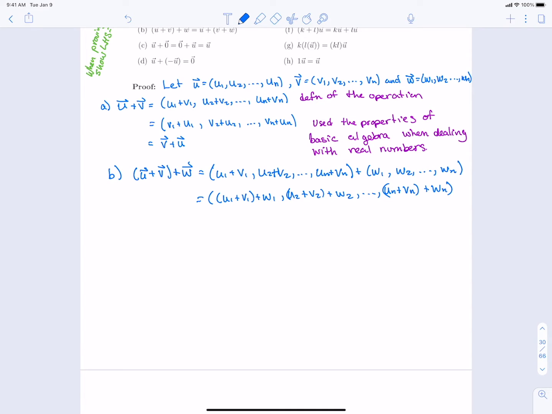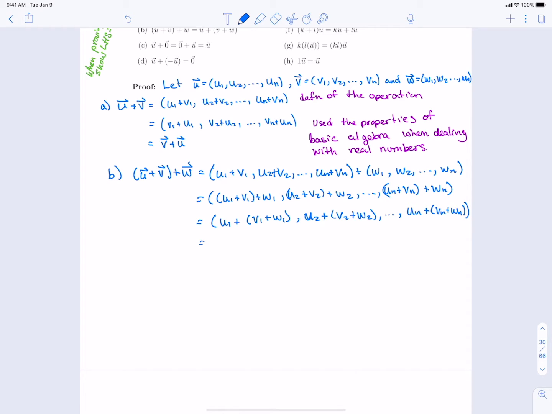Okay, and so now that we have that, because we're just looking at the real number scalars inside the vector, I can rewrite that by changing the brackets, because this is a basic algebraic property of real numbers. And so I get u1 plus v1 plus w1, u2 plus v2 plus w2, all the way to un plus vn plus wn.